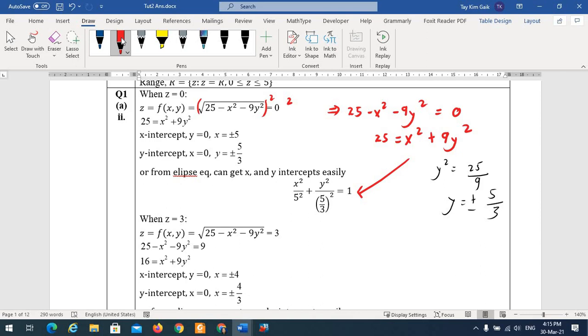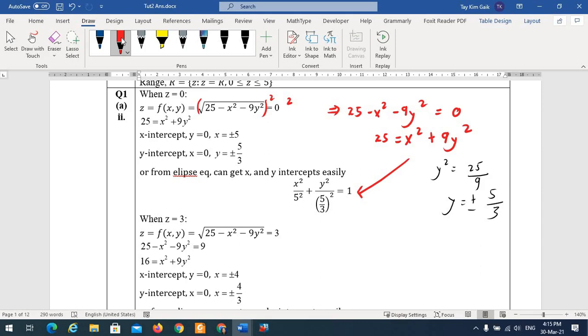Where you have 25, if you divide both sides by 25, the 25 divided by 25 gives 1, and x squared divided by 25, which is 5 squared. Then 9y squared divided by 25: the 9 at the numerator, when you bring it down to the denominator, becomes 5 over 3 squared.